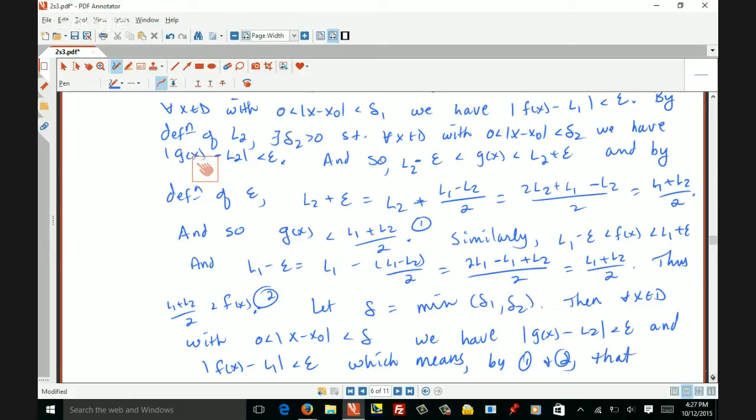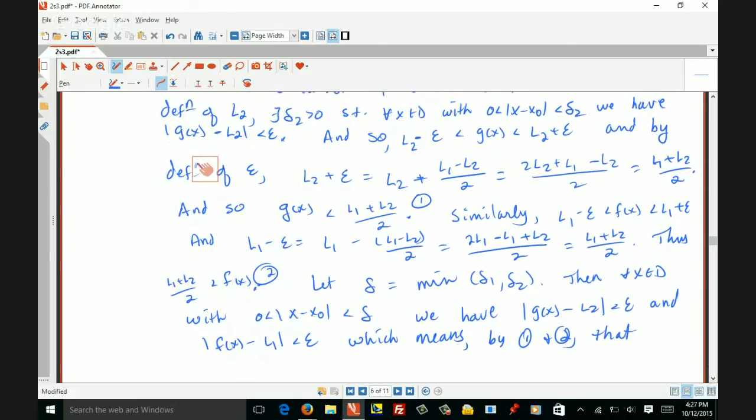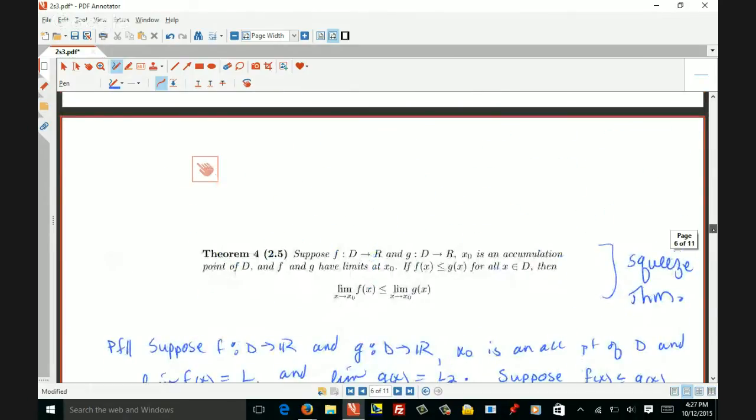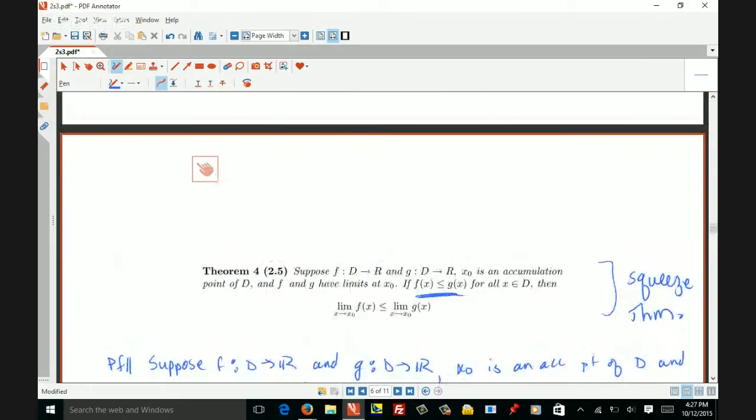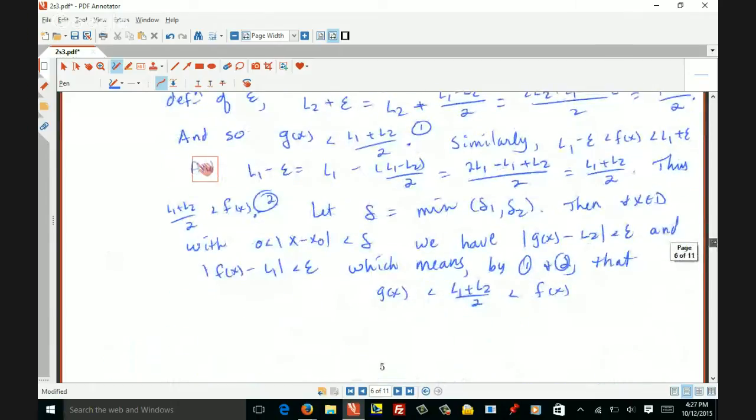and here's our conclusion, that g of x is less than L1 plus L2 over 2 is less than f of x. But what was the hypothesis for this one? g of x is greater than f of x. And what have I just said? The opposite.